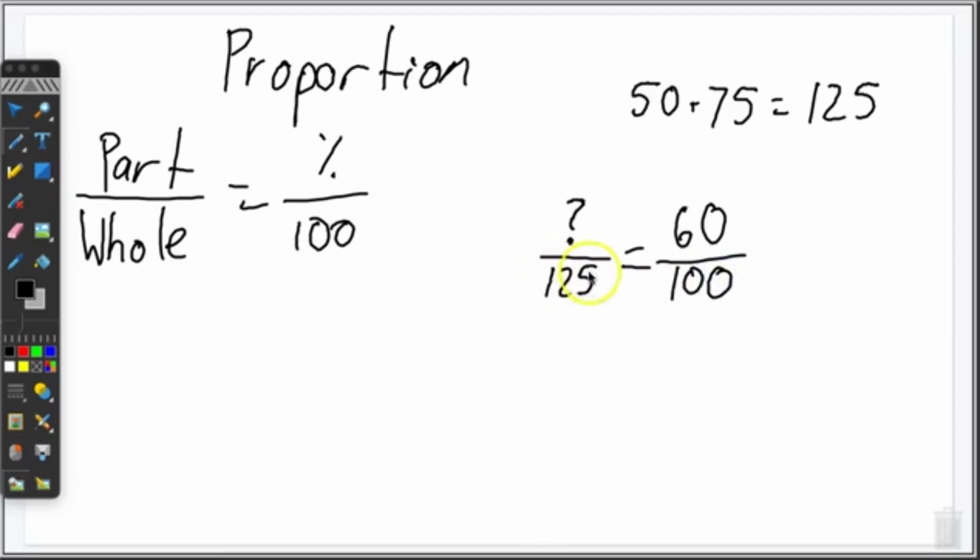All right, now the bat and ball. Okay, draw your little bat. It's not going to be the best bat in the world, but whatever. Draw your ball.